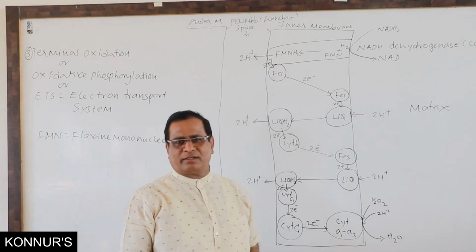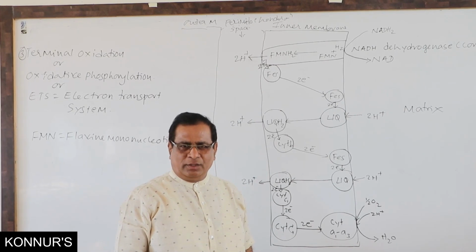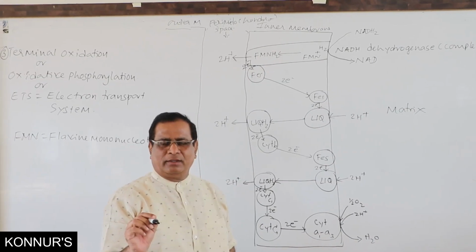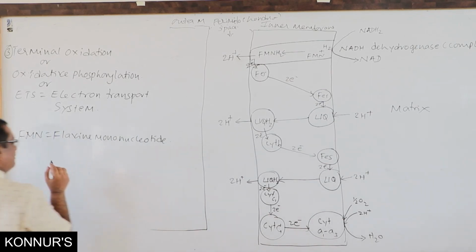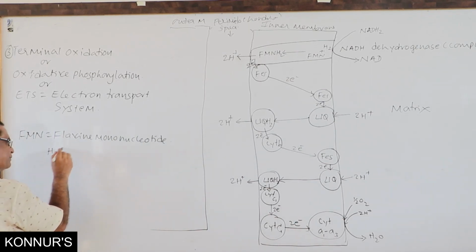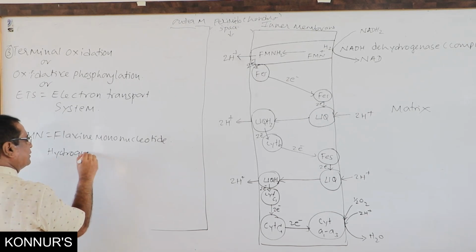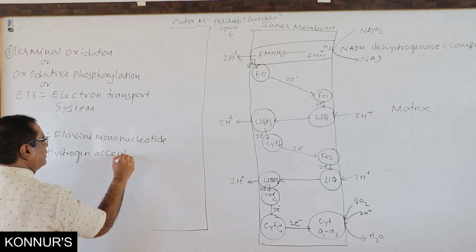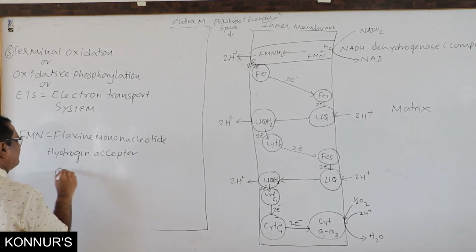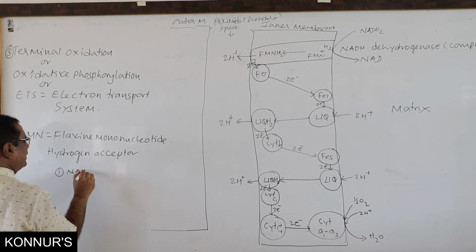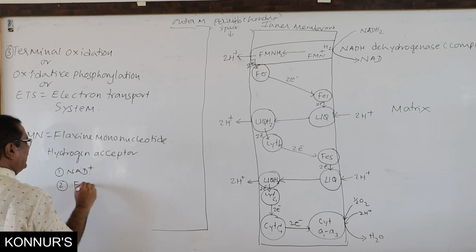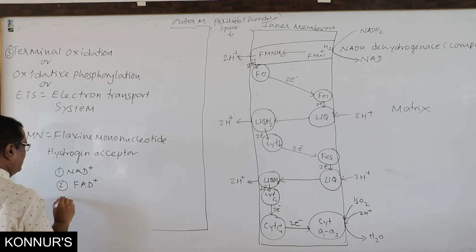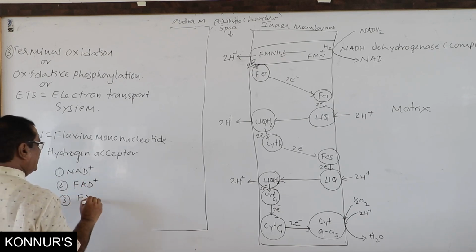They may ask one NEET question: which of the following is a hydrogen acceptor? Examples for hydrogen acceptors: one, NAD plus; FAD plus; FMN.